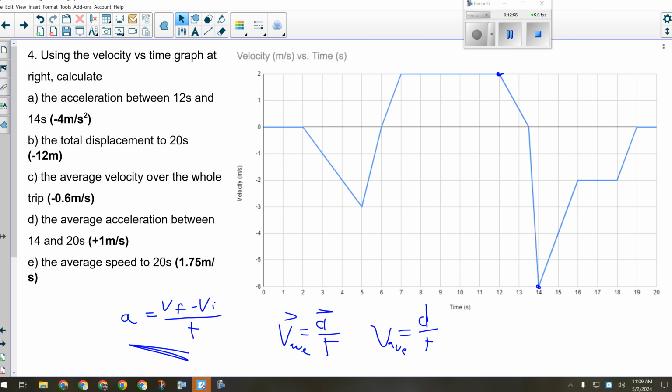Plugging in, a equals my final velocity, which was -6, minus my initial velocity, which is +2, divided by the time between 12 and 14 seconds, which is 2 seconds. -6 minus 2 is -8, divided by 2 gives me -4 meters per second squared. Everybody all right with that?